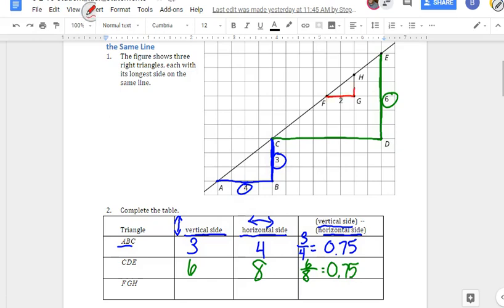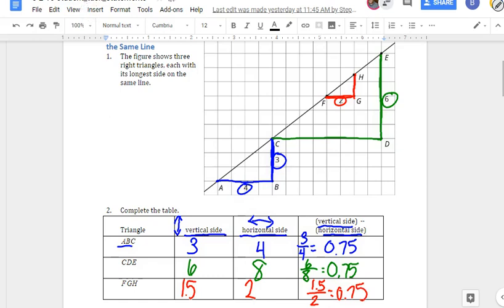One more triangle to do. So for H and G, notice it's one full box and then another half a box. So 1.5. The horizontal side is 2, which means the division problem 1.5 divided by 2. And if we actually complete that, we get 0.75.